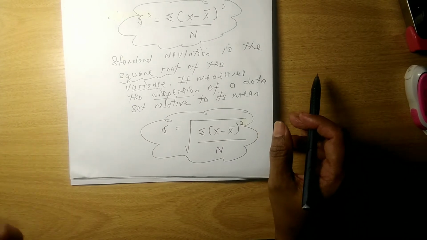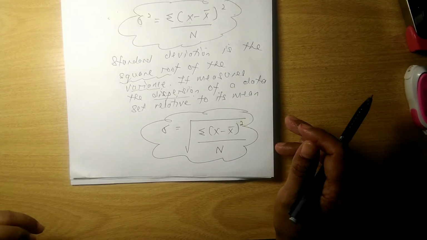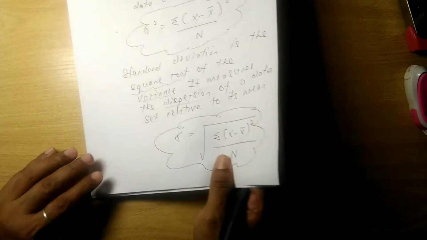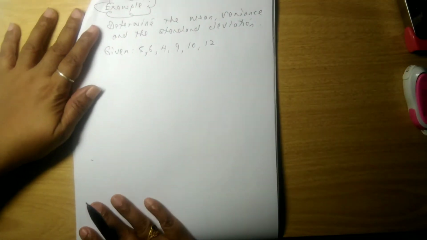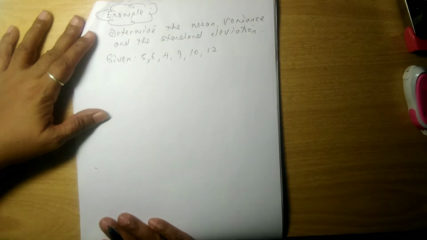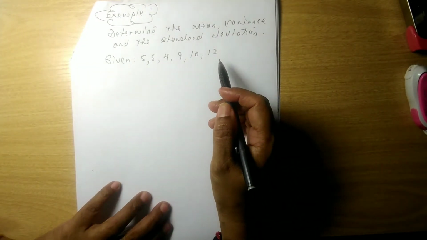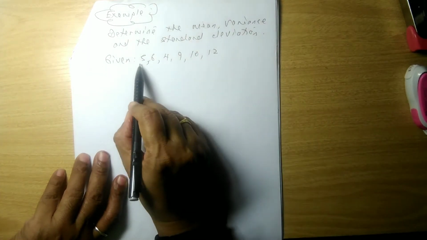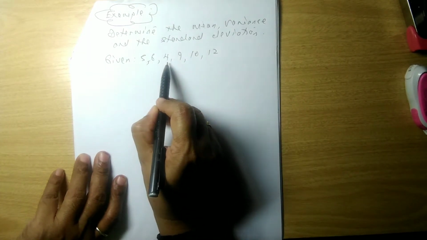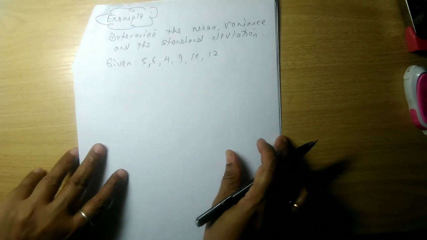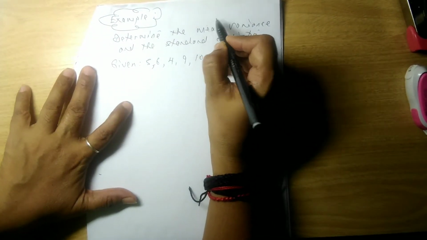So let's look at one example of how we apply this formula. You're asked to determine the mean, the variance, and the standard deviation for this given set of ungrouped data: 5, 6, 4, 9, 10, and 12. Normally we will start off with our mean.